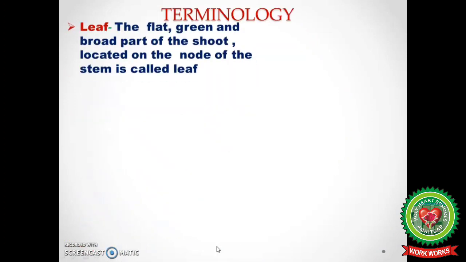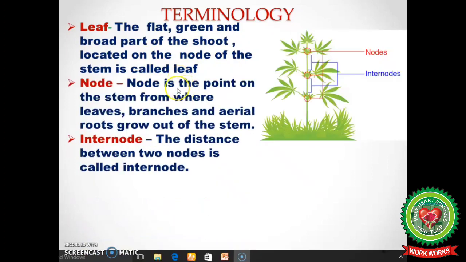Terminology. First one is leaf. The flat, green and broad part of the shoot located on the node of the stem is called leaf. Node is the point on the stem from where leaves, branches and aerial roots grow out of the stem.